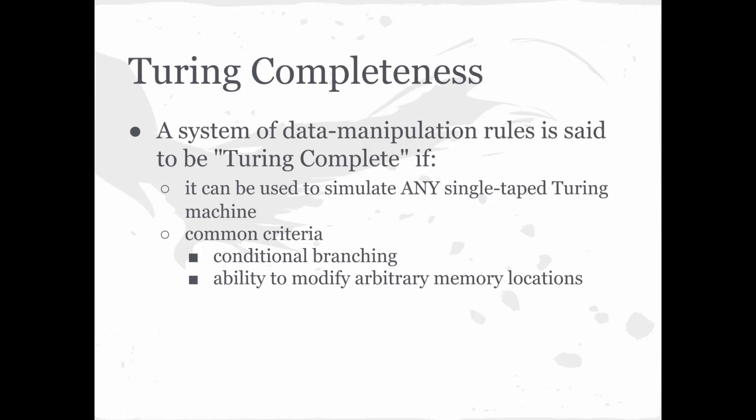I don't want to delve into the theory behind Turing completeness and get into a lecture on Turing machines and why this is all important. However, sufficient criteria to demonstrate Turing completeness involves typically conditional branching and the ability to modify arbitrary memory locations. These two criteria are sufficient, but aren't always necessary to demonstrate Turing completeness.